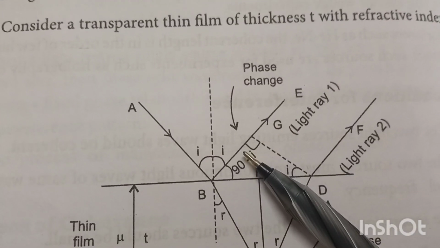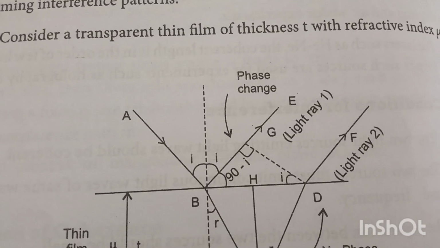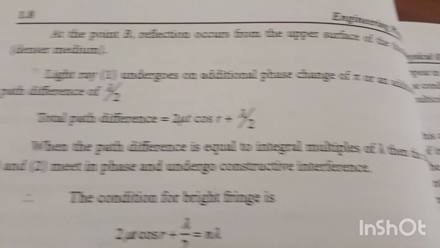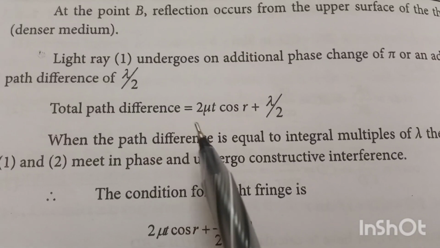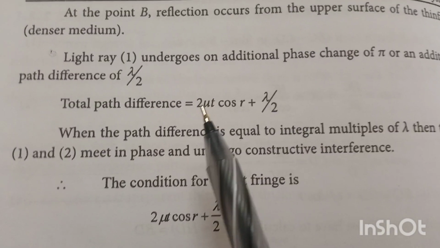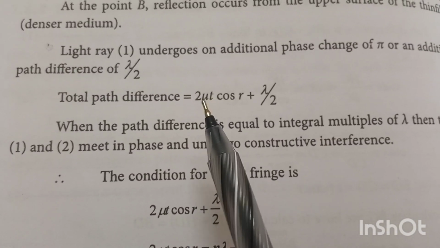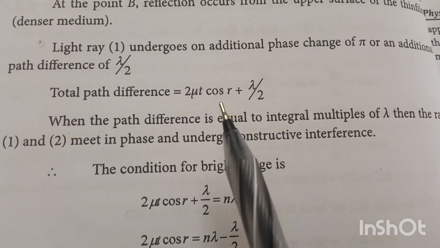So we add lambda by 2 to the actual equation, and the total path difference can be written as 2 mu T cos R plus lambda by 2. Here the interference can be divided into two parts, that is constructive interference and destructive interference.